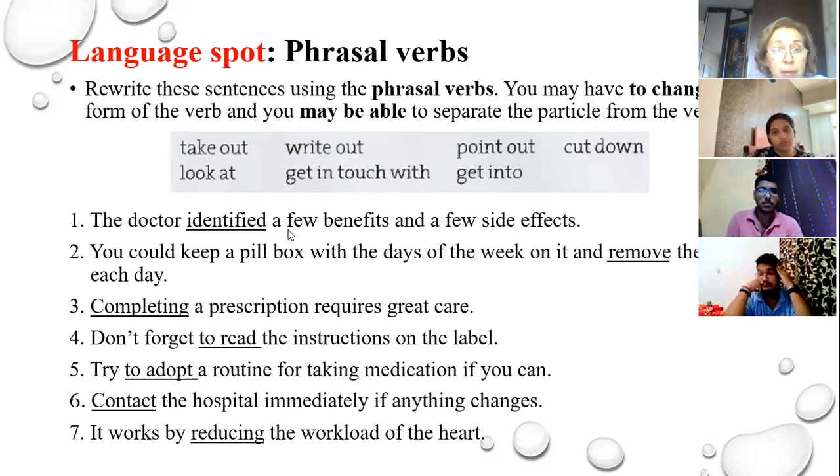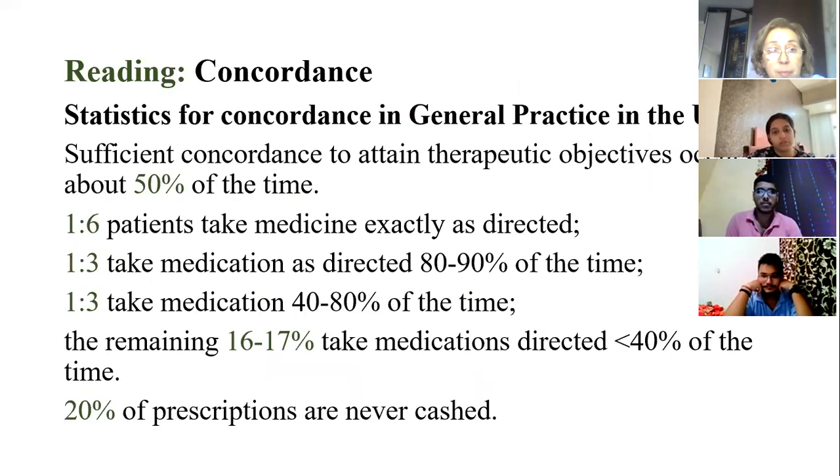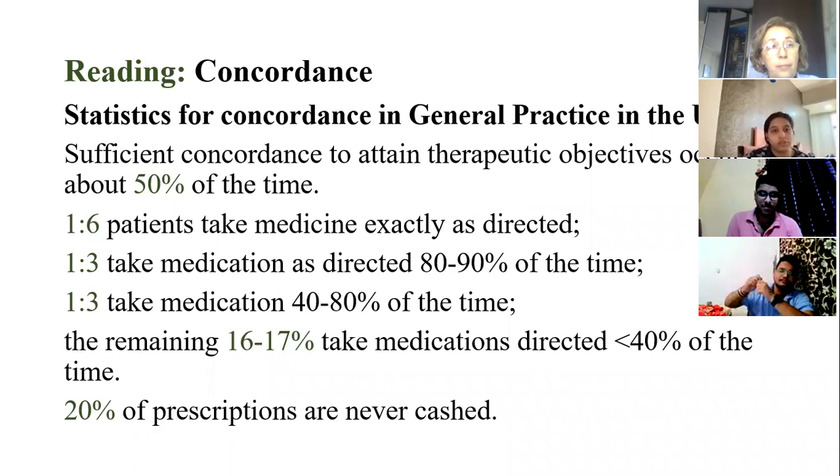So that was the exercise on phrasal verbs. And now it's time to speak in detail about what we started. We started speaking about concordance, and that was the term which we met in the article about nurse practitioner.